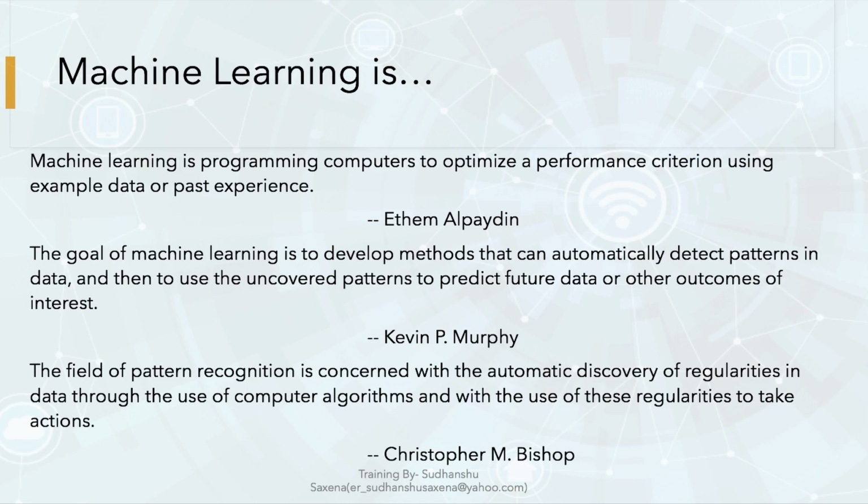So the goal of machine learning is to develop methods that can automatically detect patterns in the data, and then use the uncovered pattern to predict future data or other outcomes of interest. Just think of the previous example where I'm teaching my kid how a dog looks like. I have given 20 days of data to my kid, and I keep on labeling that information, keep on naming it.